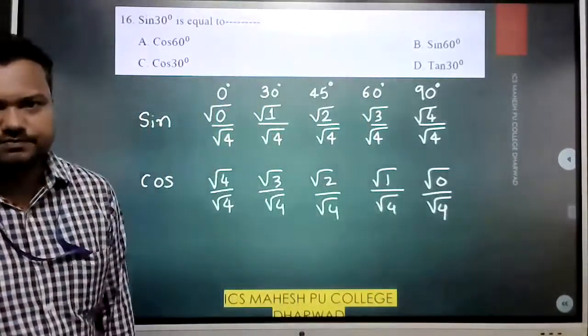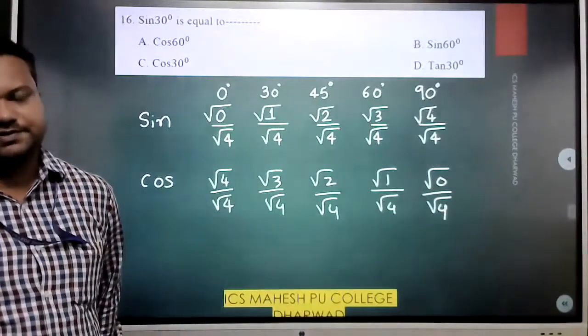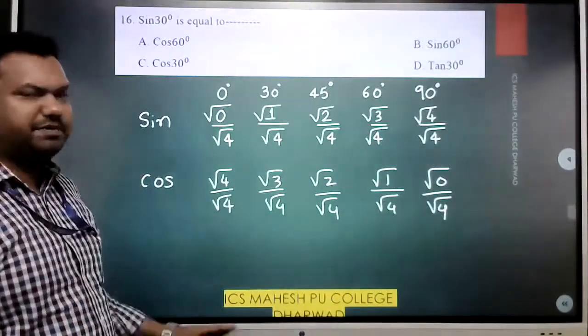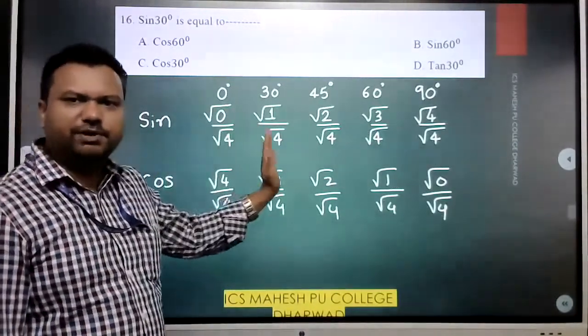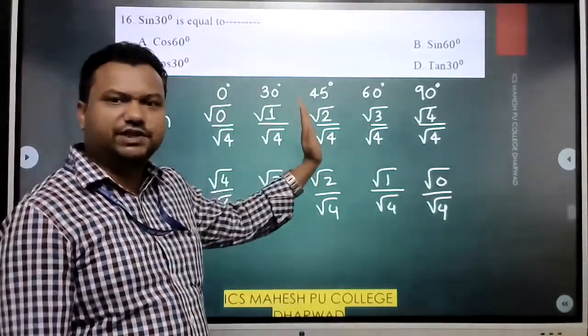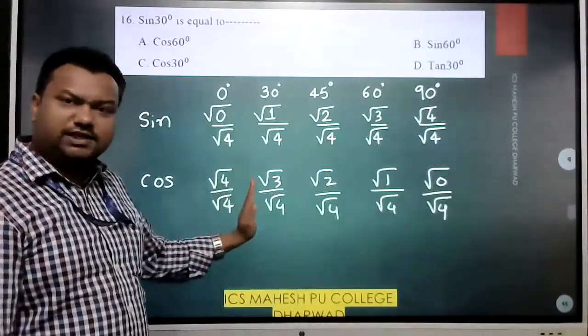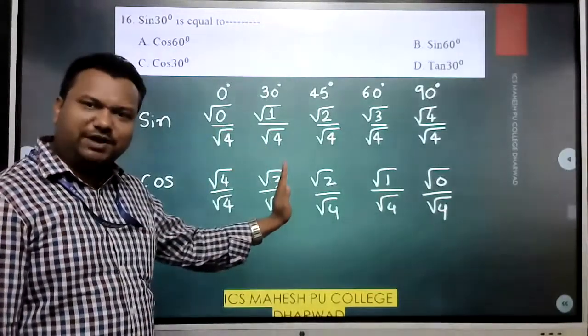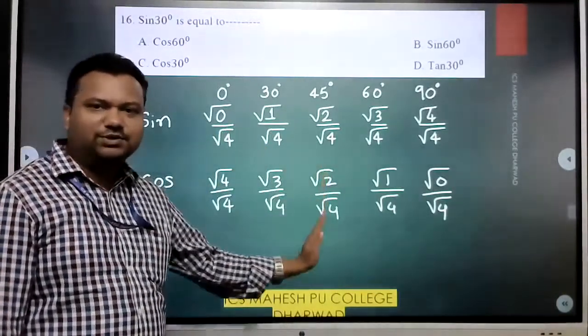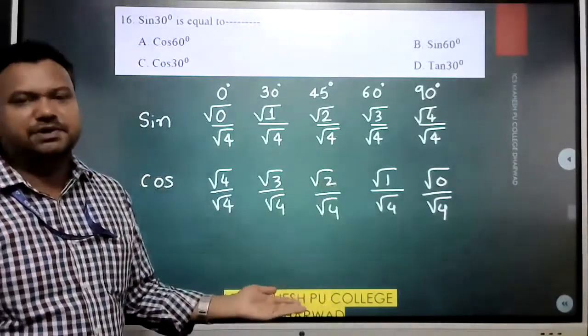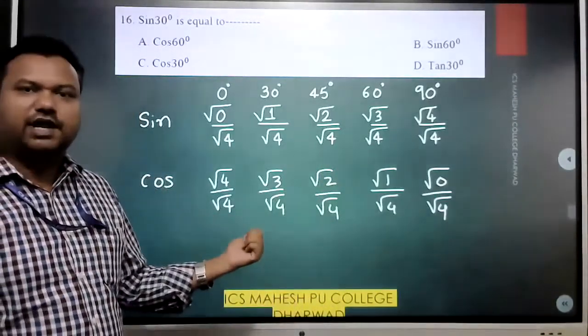I hope you are following this. Further, it is easy to remember. Sin 0 is 0, sin 30 is 1 by 2, sin 45 is 1 by √2, sin 60 is √3 by 2, sin 90 is 1. Cos 0 is 1, cos 30 is √3 by 2, cos 45 is 1 by √2, cos 60 is 1 by 2, and cos 90 is 0. So simple, dear students. I hope this trick will help you a lot.